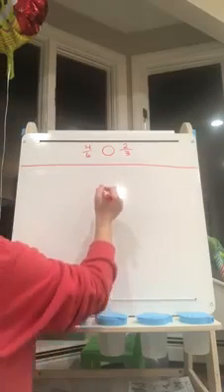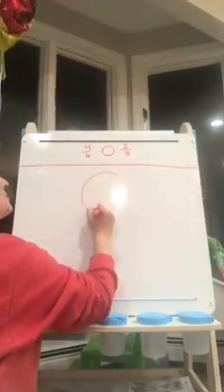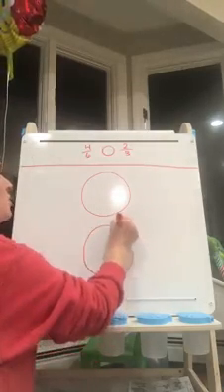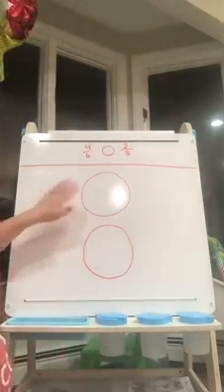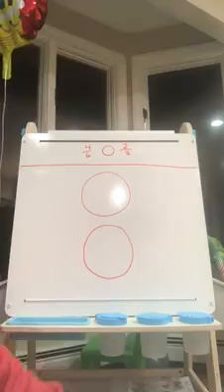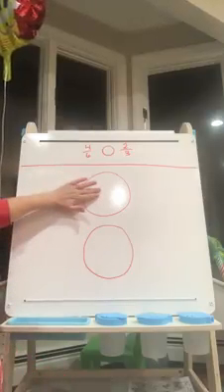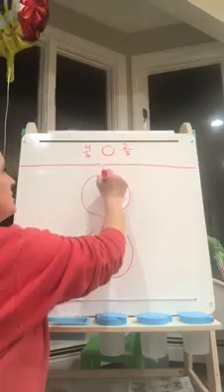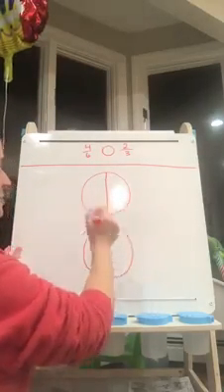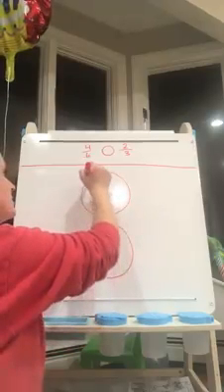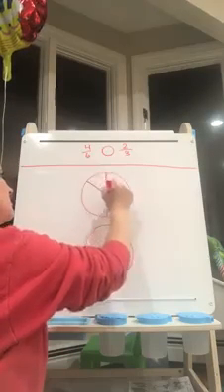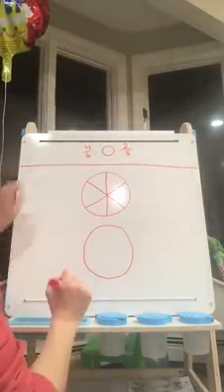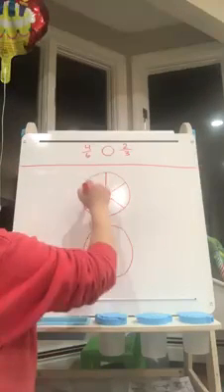This time I'm going to show circles. Remember, the wholes are the same. So this circle and this circle are the same size. This circle, I'm going to divide into 6 equal parts. Oops, it's supposed to be exact. It's not perfect. I need to shade in 4 of them.